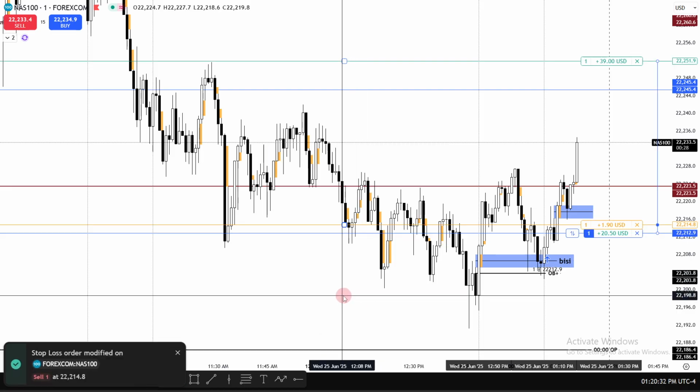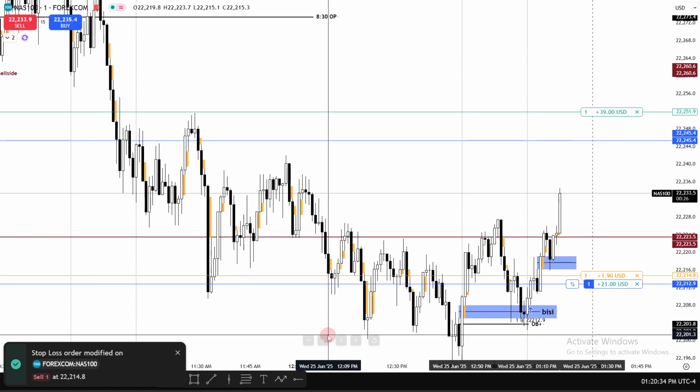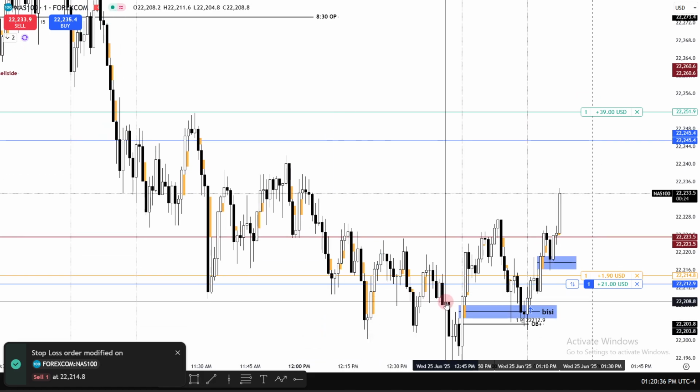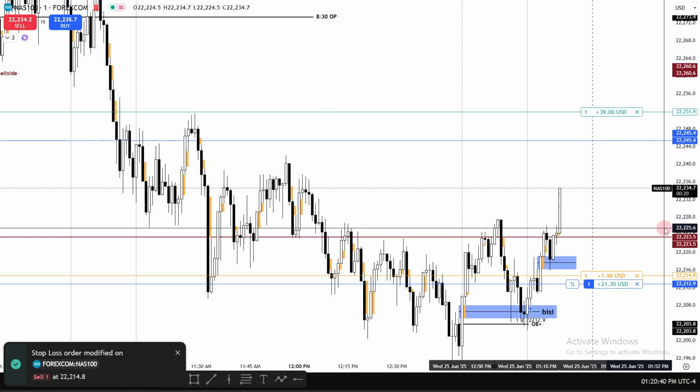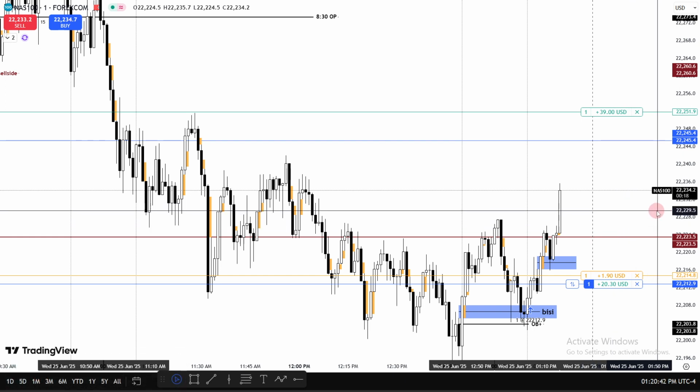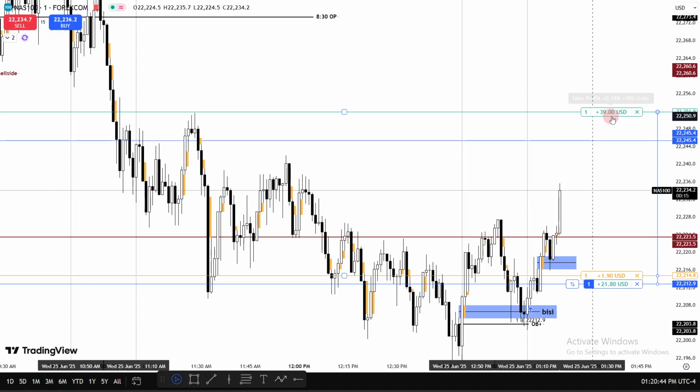So now let's see if we can get our target, or we have to trail our stop loss higher now. But looking at this, our target can be achieved. Currently we are up 20 points, 20 handles from our entry.